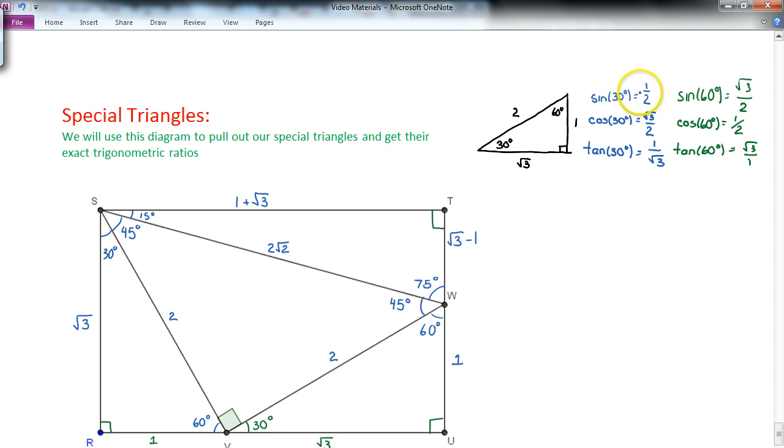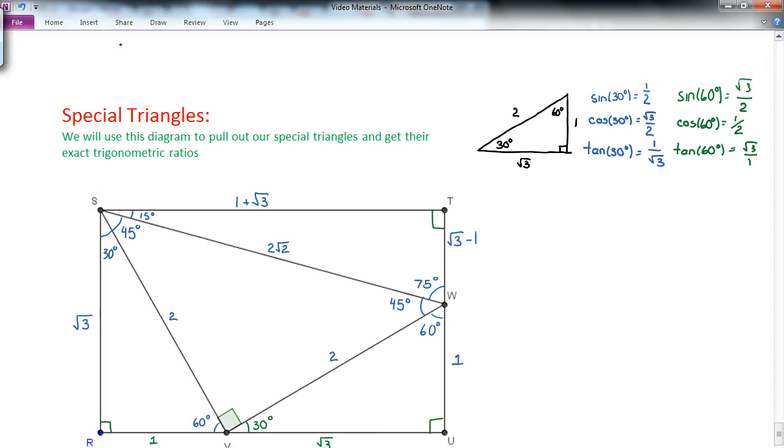You know, for example, sine of 30 you might get 0.5, but I do recommend you get in the habit of putting 1/2. Remember, fractions are a friend, and they're going to actually help you simplify a lot of your work later on. So this is your first special triangle of 30, 60, 90, which can be pulled from this part of the diagram, or it can be pulled from this part of the diagram.